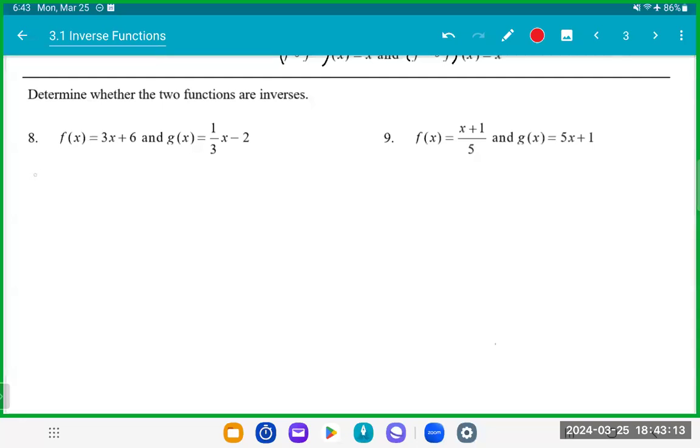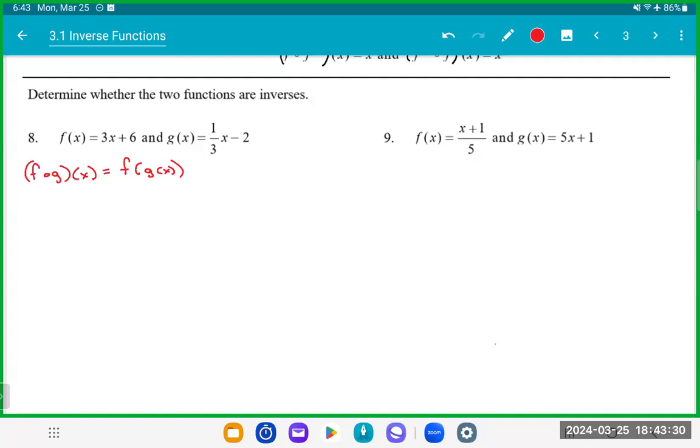So let's look at that. We have f of g of x. Really that's just saying I take my f function and everywhere I have an x, I plug in my g function.